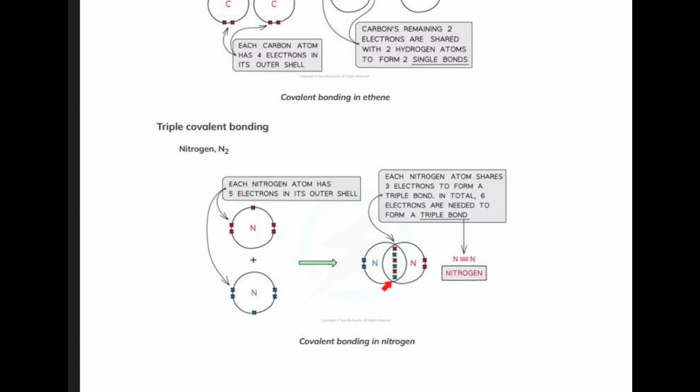So they put 3 electrons in the middle to be shared. This nitrogen also puts 3 in the middle to be shared. So at the end, they both have 8 electrons. 6 here and 2 here, 6 plus 2 is 8. 6 here and 2 over there, so it's also 8. So triple bond.